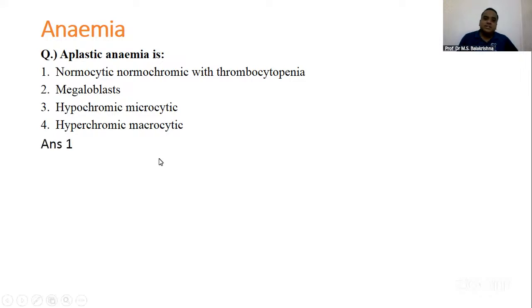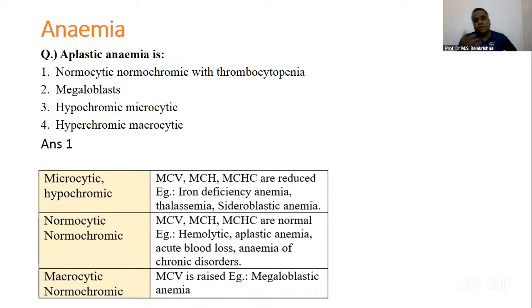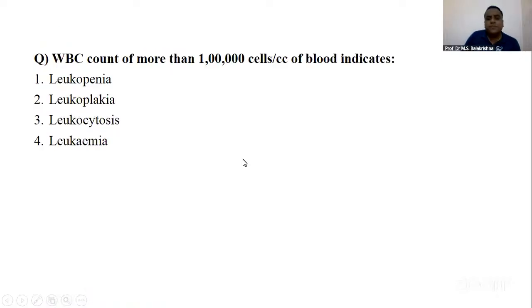So option one is the answer: normocytic, normochromic, and thrombocytopenia. So this is what you should learn about, and this is there in your dental pulse book. Try to understand and learn. If you are having difficulty, please let us know. Today's session is a quick review of entire chapter. Next question.